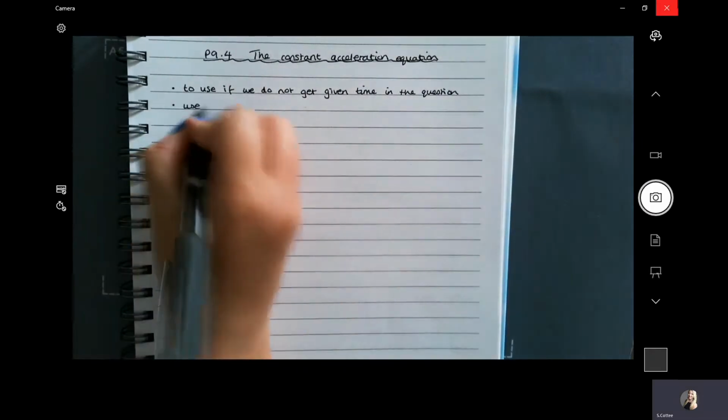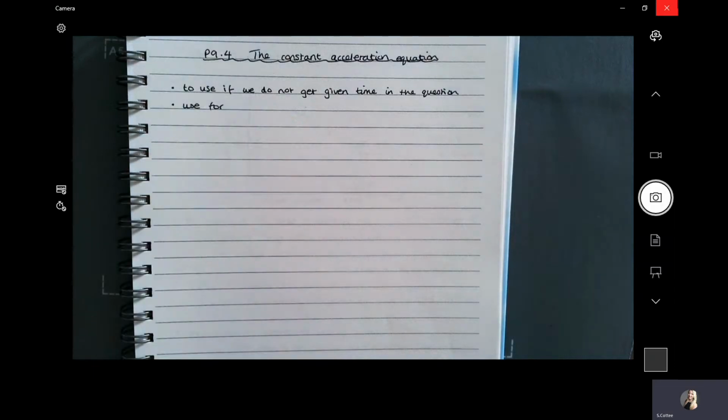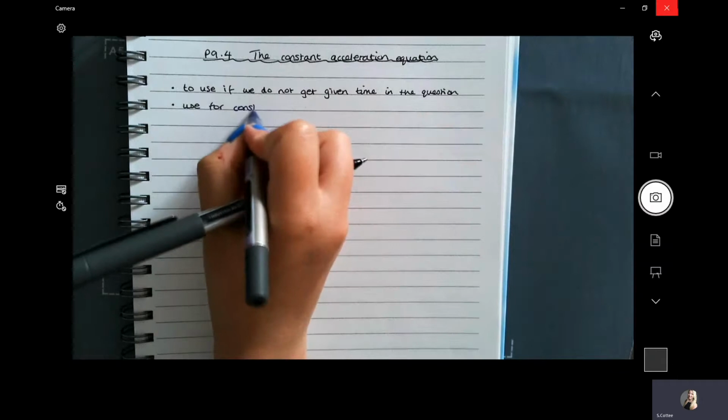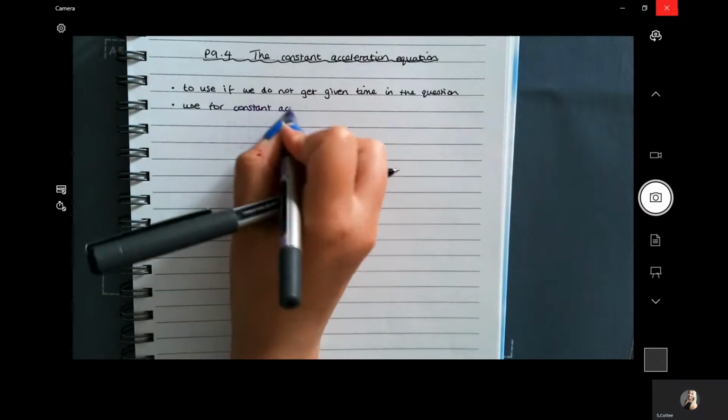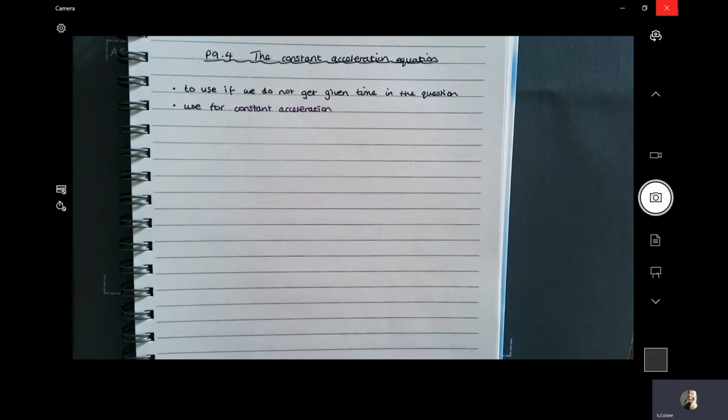Clue is in the name, but we only use this equation if we have constant acceleration.